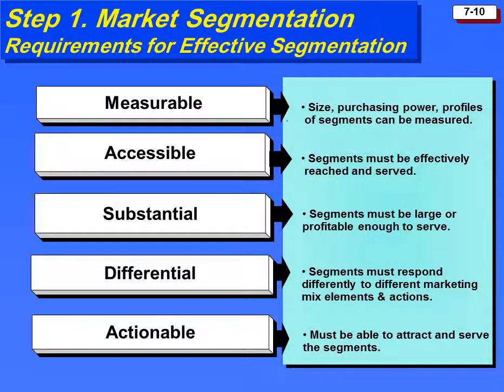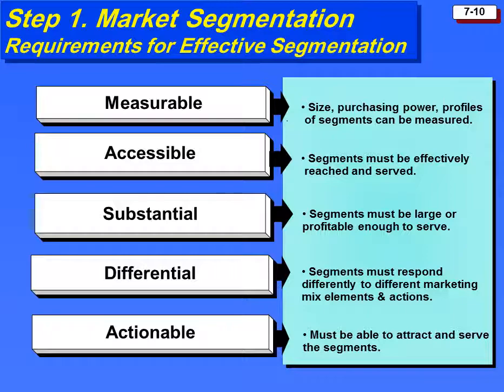In market segmentation, there are some important requirements for effective segmentation. Effective segmentation should be measurable, accessible, sustainable, differential, and actionable. Measurable: the size and purchasing power profiles of segments can be measured.